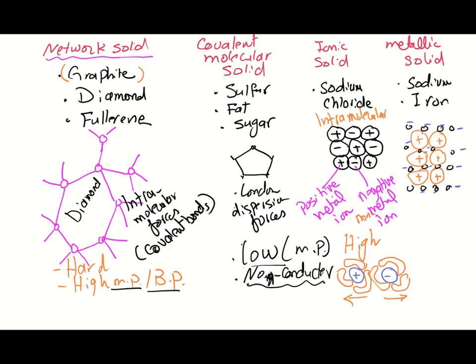There are very strong forces between the negative electrons and the positive metal ions, and the positive metal ions are like swimming in a sea of delocalized electrons. They are delocalized because each atom lost its electrons, and now the electrons move more freely around and in between the metallic structure.